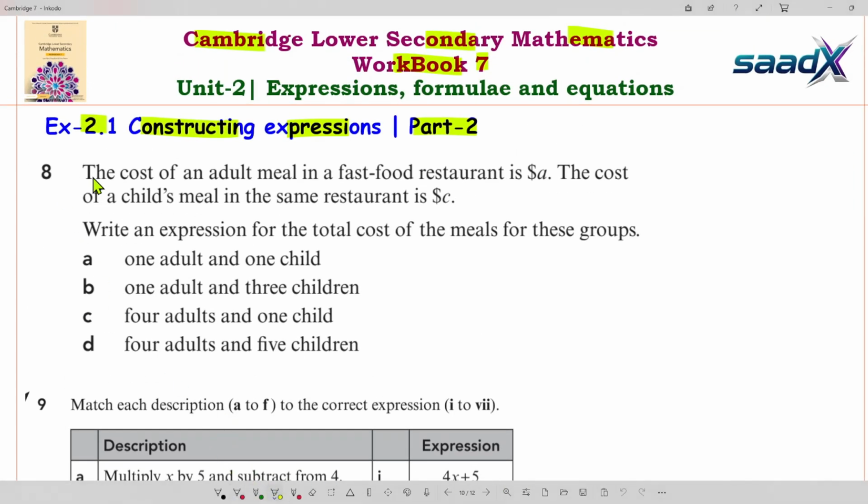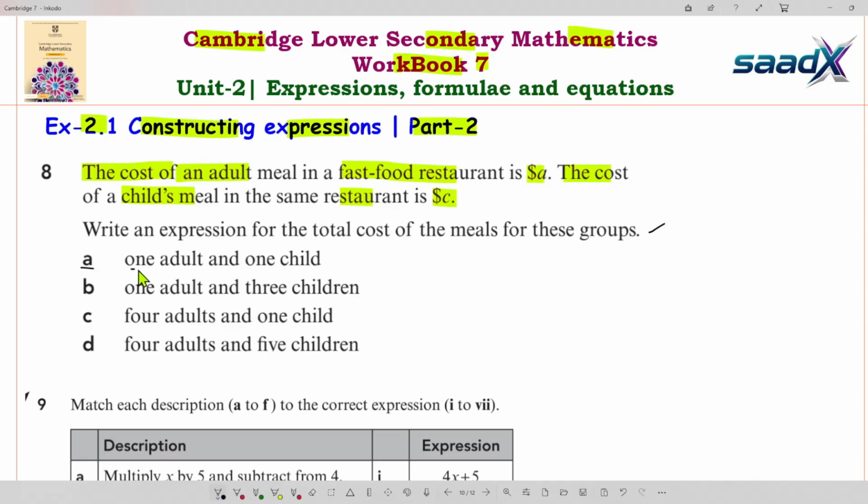Question 8. The cost of an adult meal in a fast food restaurant is $A. The cost of a child meal in the same restaurant is $C. Write an expression for the total cost of the meals for these groups.